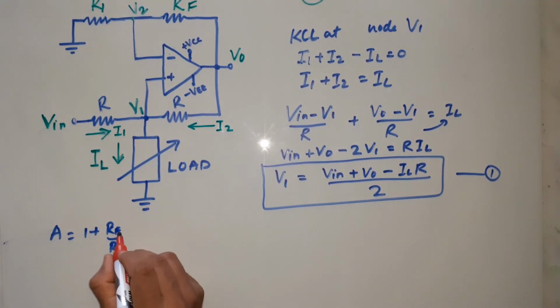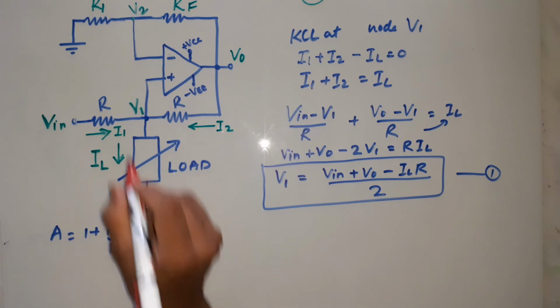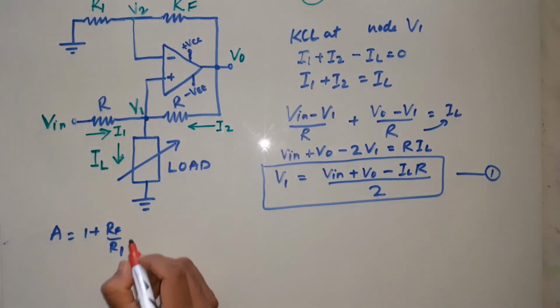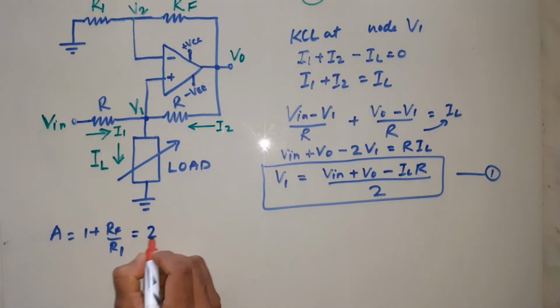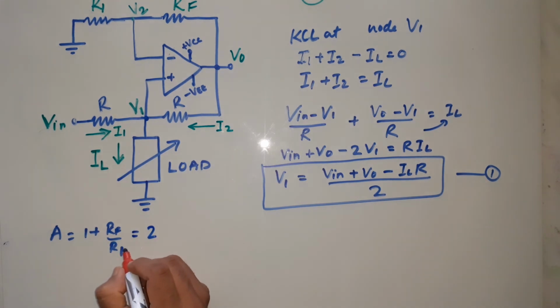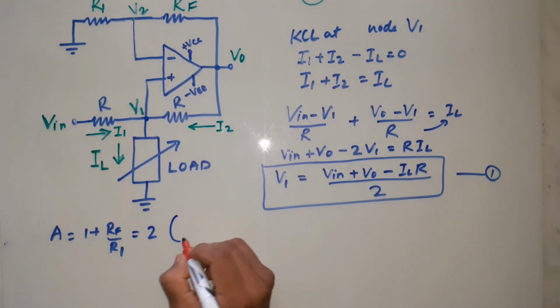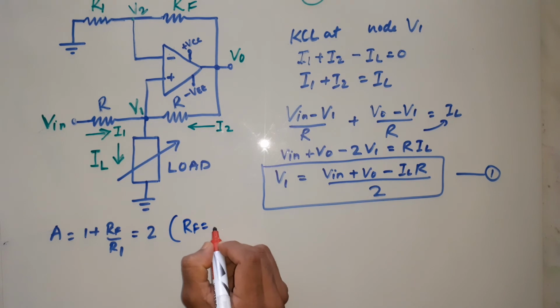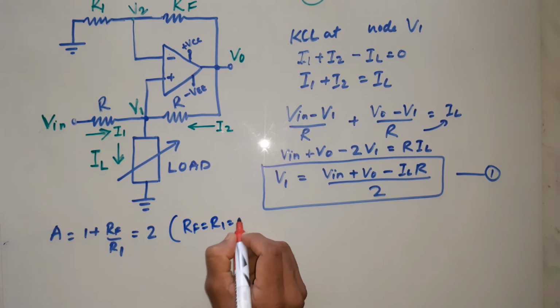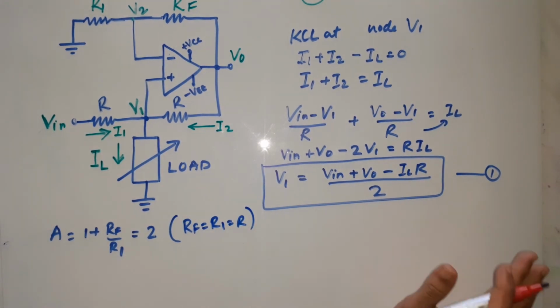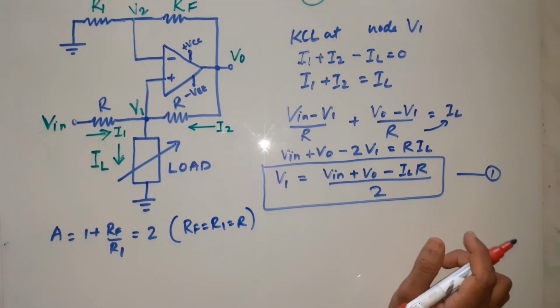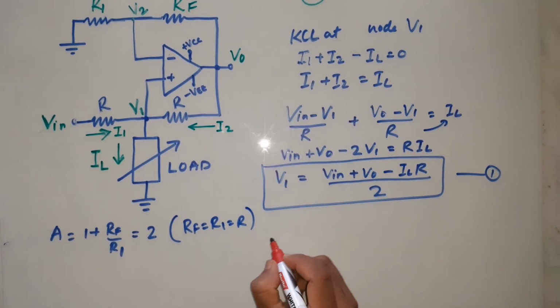Now if I say Rf and R1 is same, what will be your gain? Your gain will be 1 plus 1, so this becomes 2. So this is when Rf equal to R1 equal to R. Same value.